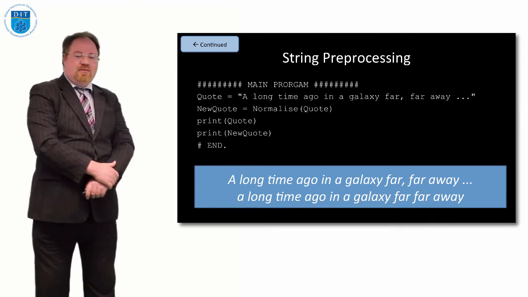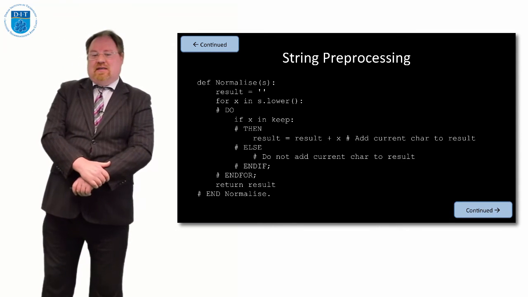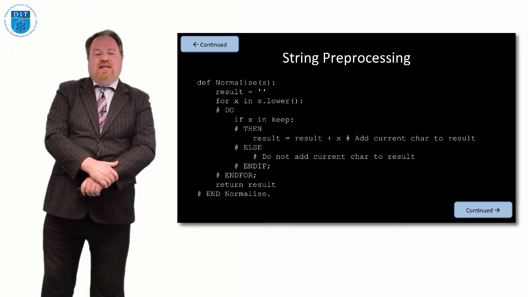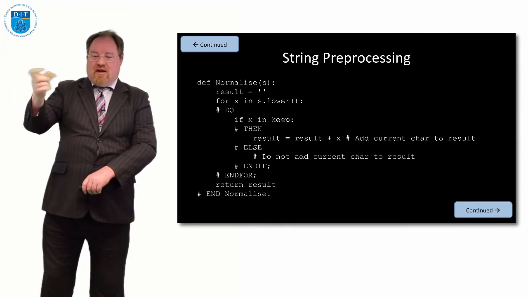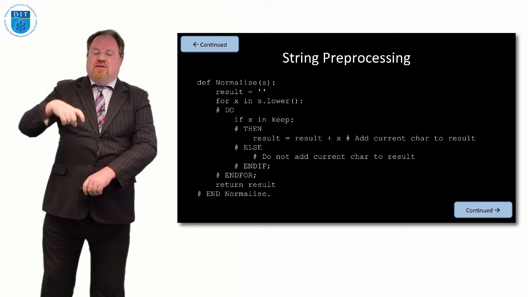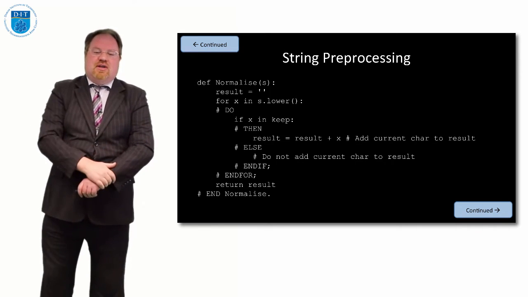Just to go back, we're also lowercasing the complete string, so we're going for x in s.lower, so that means whatever string is passed in, we put everything in lowercase straight away, and then with those lowercase ones, any character that's not in keep, we just get rid of it.